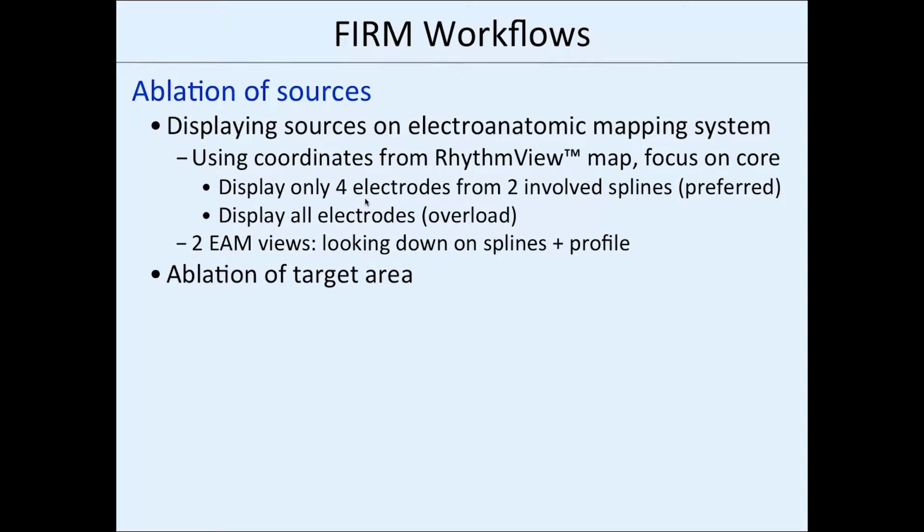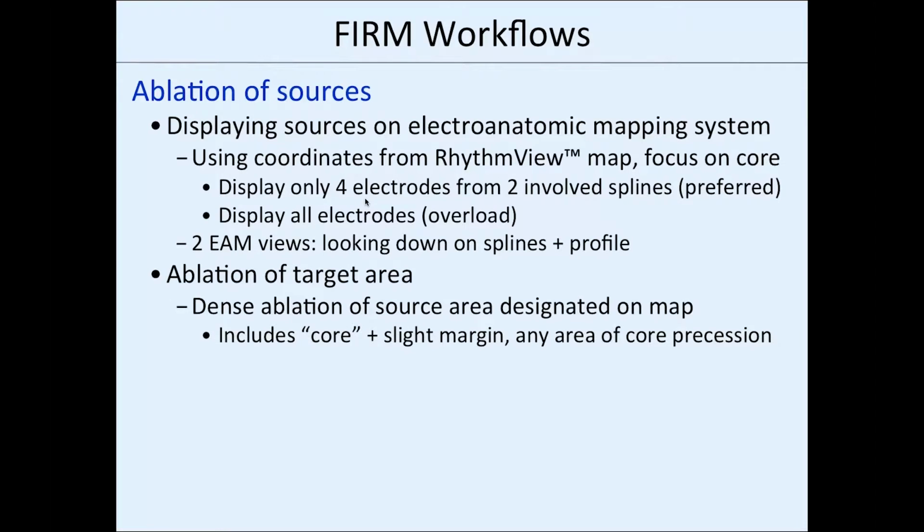And then when we start ablating, I try to get pretty dense ablation of the source area as we found it on the map, with a little surrounding area. This is the core, where the action is really most evident. That's where the rotational activity profile is highlighting. It has a slight margin around there to allow for any area where the rotor might precess around in a small area or domain.